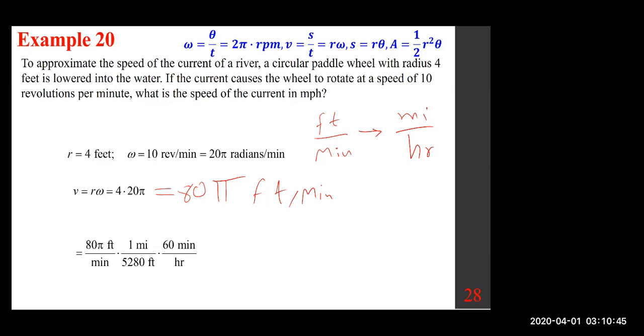Notice they cancel each other. I have skipped a couple of steps here and there. You can do the calculation. Don't forget there's a pi: 80 times pi times 60 divided by 5280. It's about 2.86, close to 3 miles per hour. That's the speed of the current.